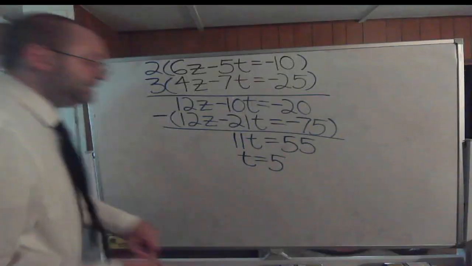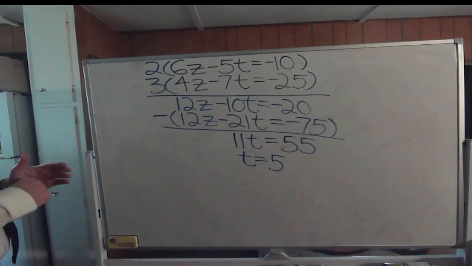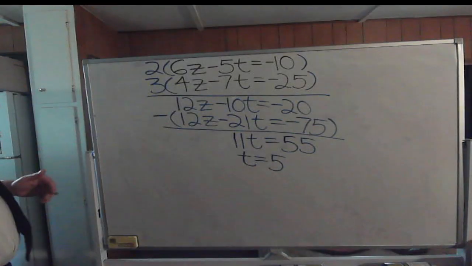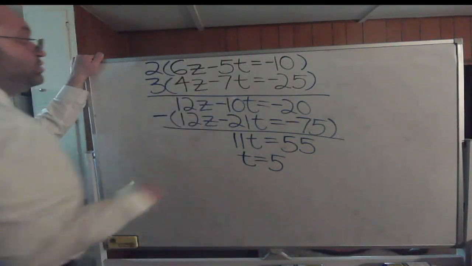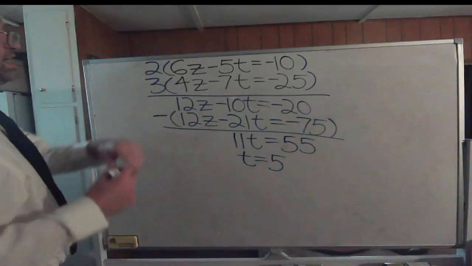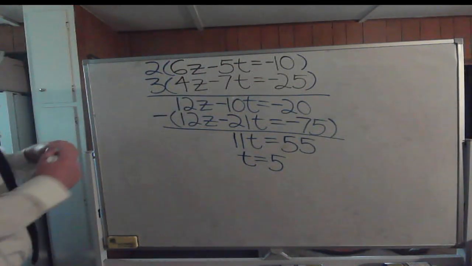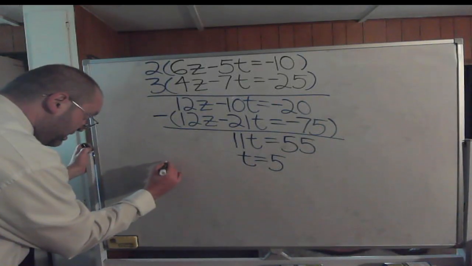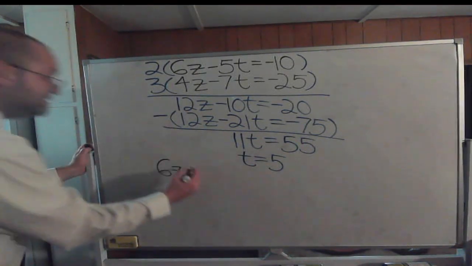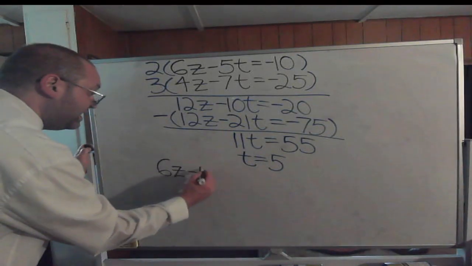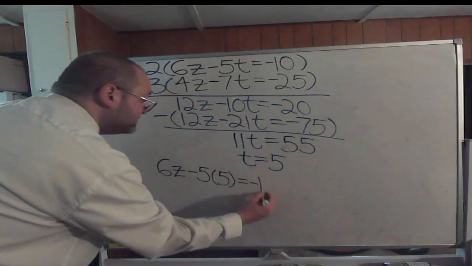Now we simply need to solve for z. That's going to be done by putting the t value into one of these equations and solving for z. I'm going to go with 6z minus 5t equals negative 10. So I'll take 6z, yeah, we'll do it in black, why not? 6z minus 5 times 5 is going to be equal to negative 10.